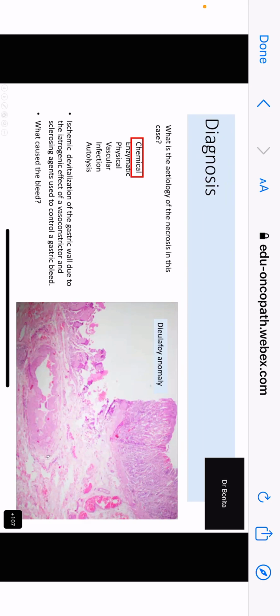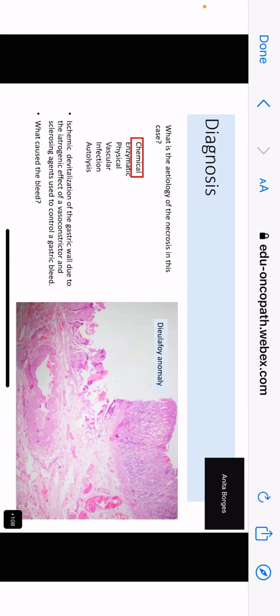It is that a vessel which should be getting narrower and narrower as it branches to reach the mucosa does not do that. That vessel maintains its caliber. So it is an abnormal caliber vessel which reaches right up into the mucosa.